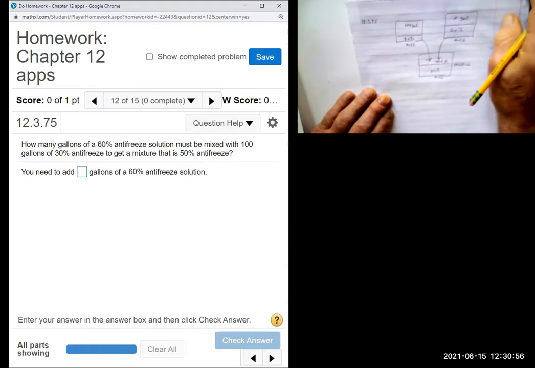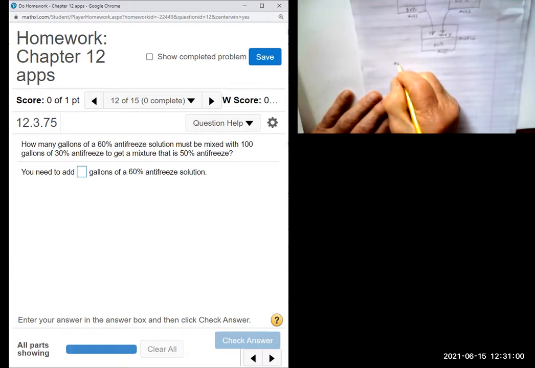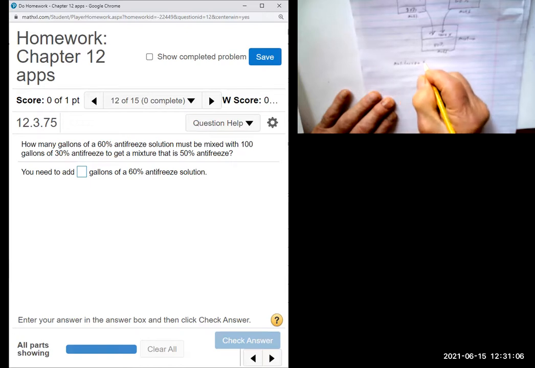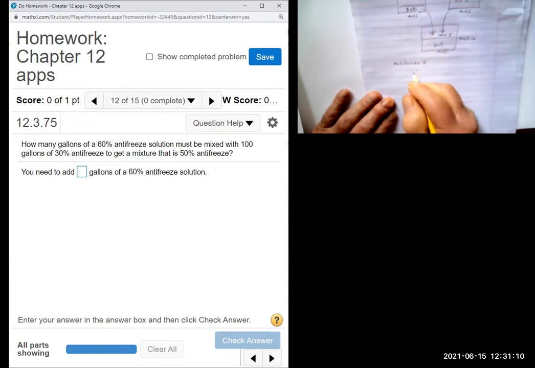Well, let's write an equation that makes sense. Let's write an antifreeze equation. How much antifreeze is in this 100 gallons? It is 30% of the 100 gallons. 100 gallons is the solution, 30% of it is the antifreeze.